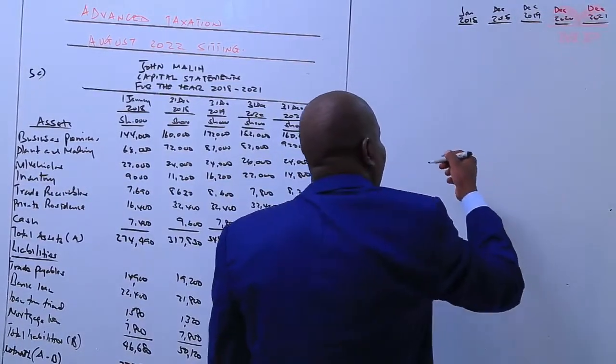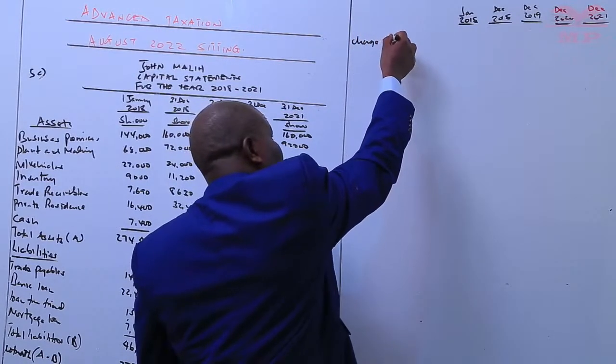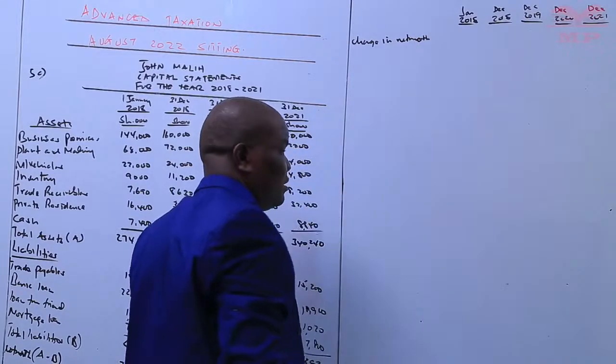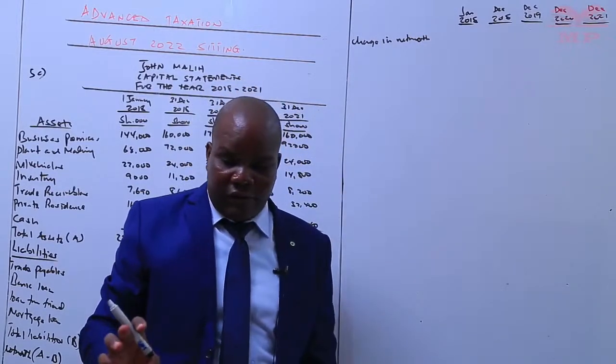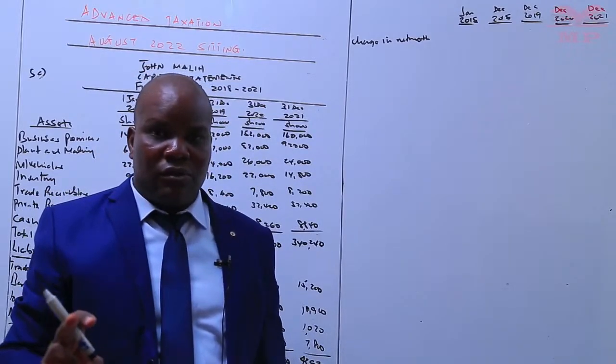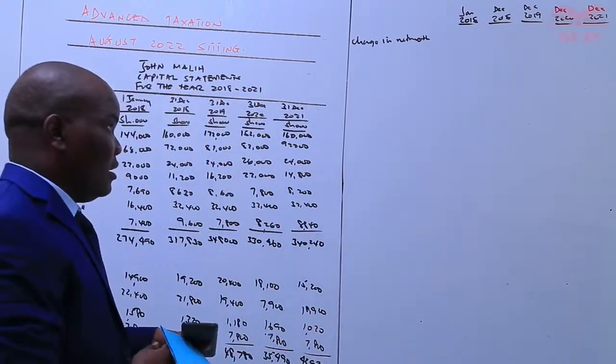So we get what we call change in net worth, that is change in capital. Now capital can change as a result of four factors. One is profits or income, two losses, three additional investment, and four withdrawal.